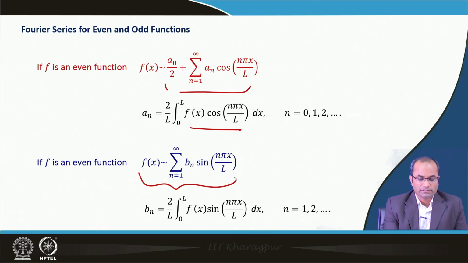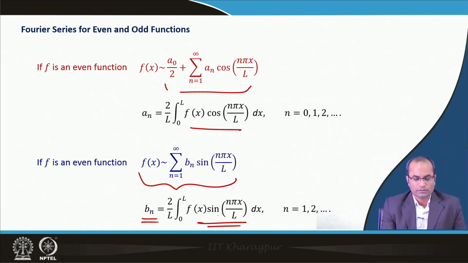Similarly, when f is an odd function, we will get only the sine terms in the series, and the coefficient b_n can be evaluated with the help of this simplified integral, again 0 to L. So, we have again 2 times the integral 0 to L f(x) sin(n pi x over L) dx, and n is again 1, 2, etc. So, this was the simplified form depending on the function.